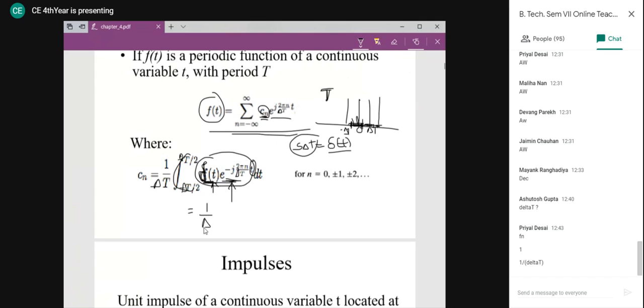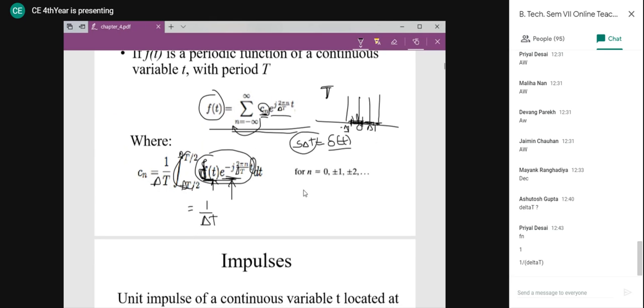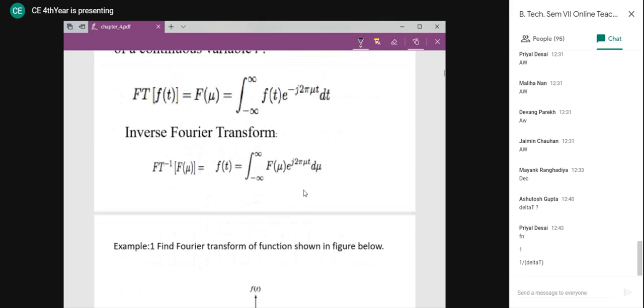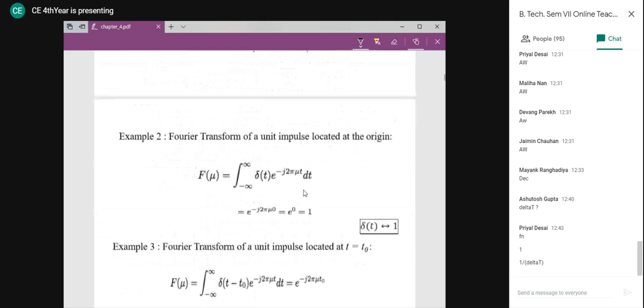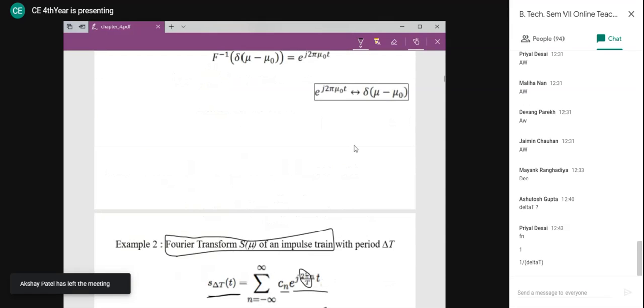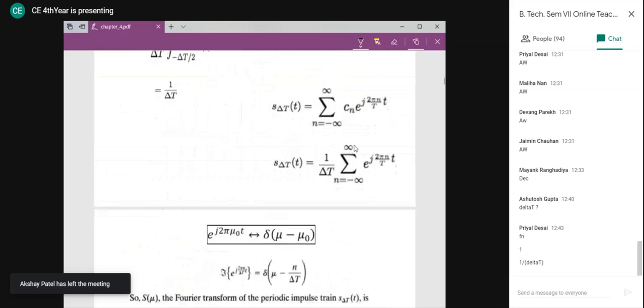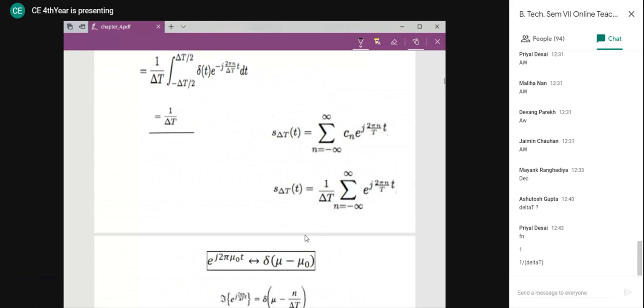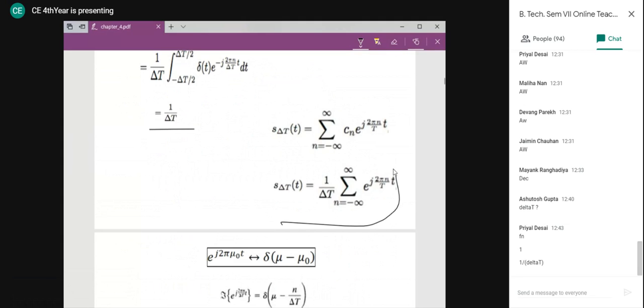That means the coefficient Cn is not dependent on the value of n. So 1 by delta t, being a constant, can come out, and the equation of your Fourier series is going to look like this.